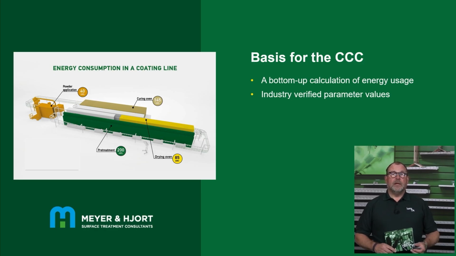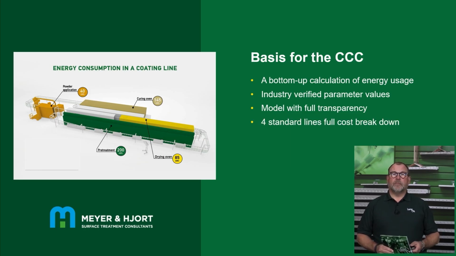They come from plant suppliers, and we have had Mayer and Jurt also verifying the figures. We have built a model with full transparency, which means that you can see and follow the changes you make. And we have created 4 standard lines with full cost breakdown, so you can look into the investment cost also.